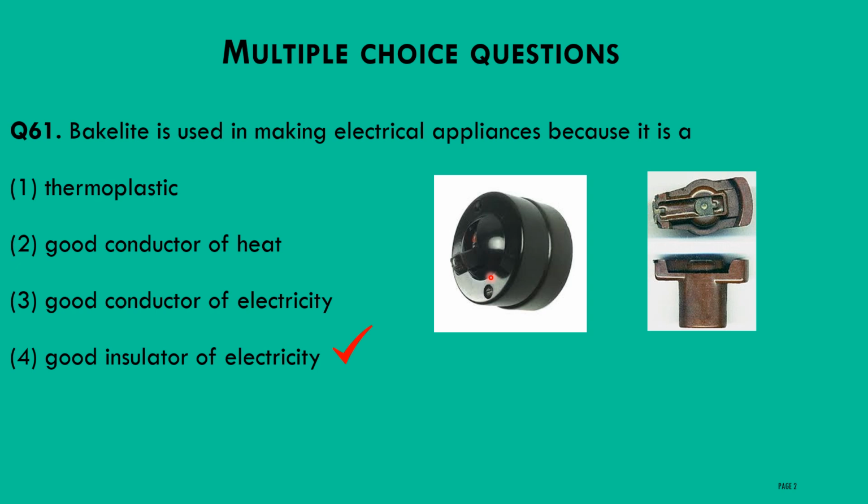When it is in a solid or hard state, it behaves as an insulator. Even if you touch Bakelite materials, you will not feel any heat and also you will not feel any shock. That is one of the important reasons Bakelite is used in making electrical appliances.